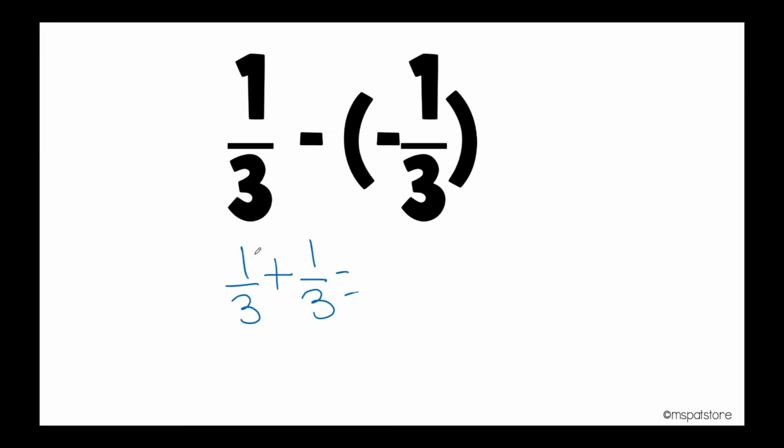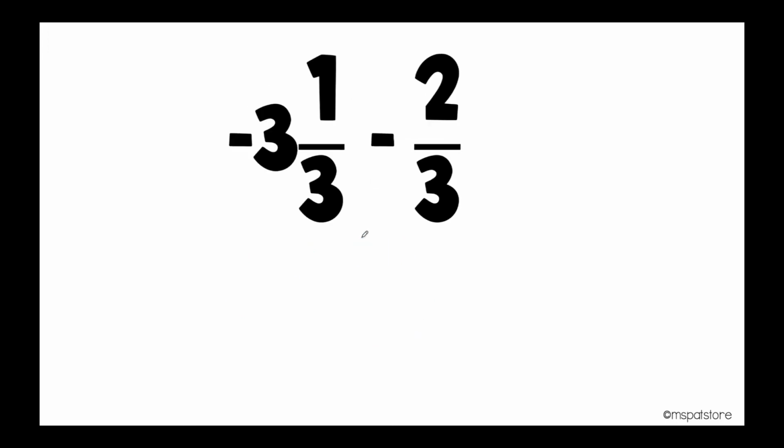Remember, the absolute value of 1/3 is 1/3. The absolute value of 1/3 here, again, is 1/3. As they have the same denominator, I will keep the same denominator and add the numerators. So it is 2/3. As they have the same sign, which is positive, I will keep the same sign. And this is my final answer.